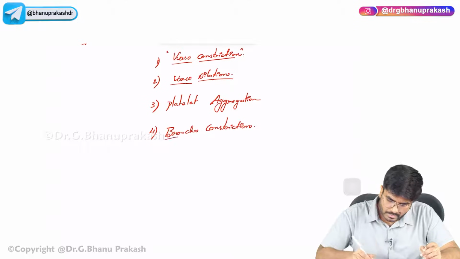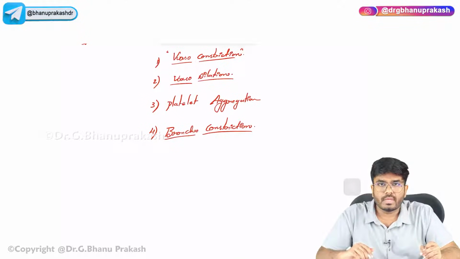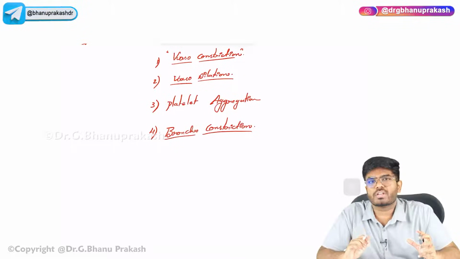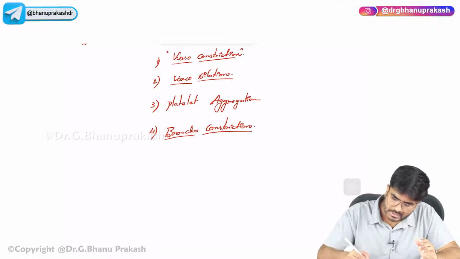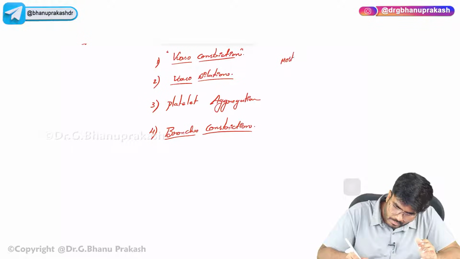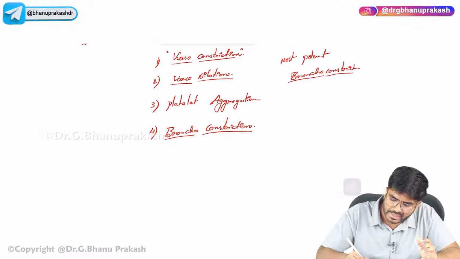See, bronchoconstriction is mediated by platelet activating factor, true. Histamine also causes bronchoconstriction. But who is the most potent bronchoconstrictor? What do you think? See, the most potent bronchoconstrictor is not the histamine, is not the platelet activating factor, it is leukotrienes.